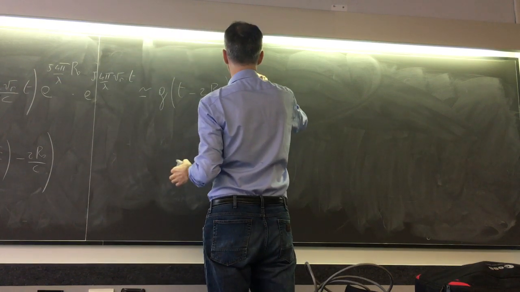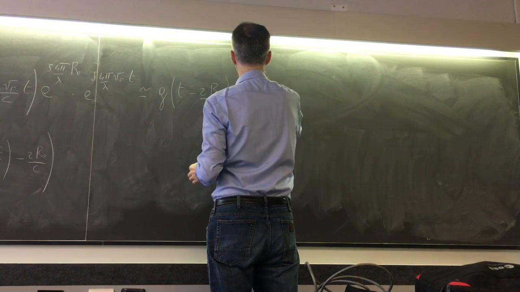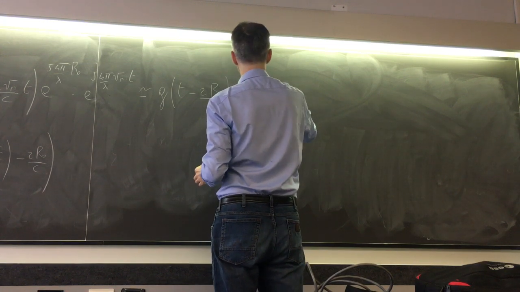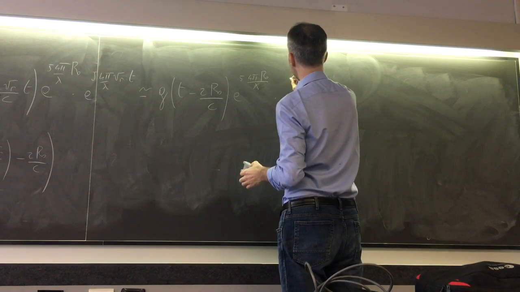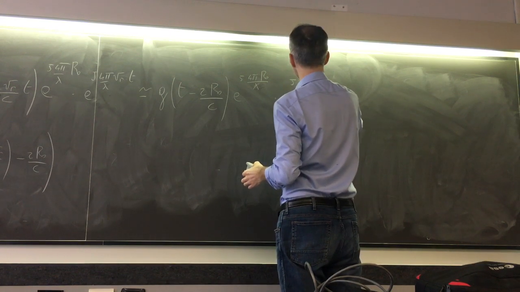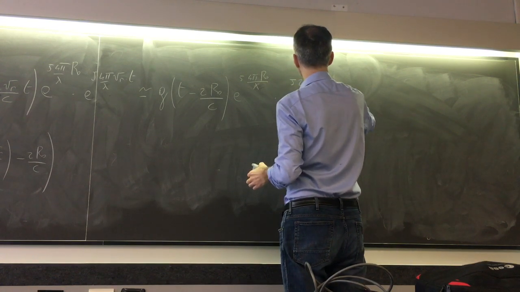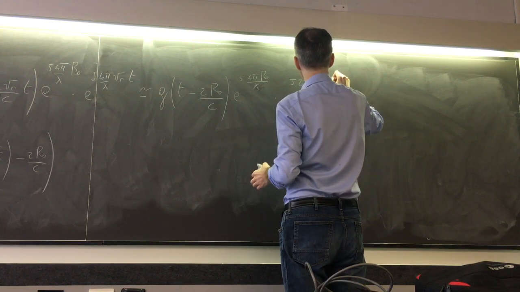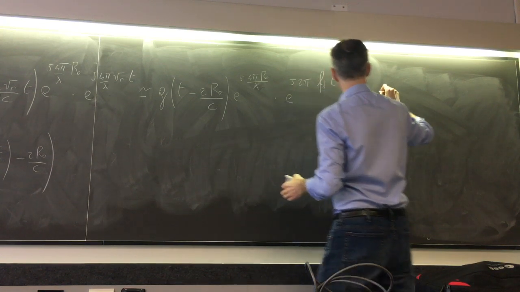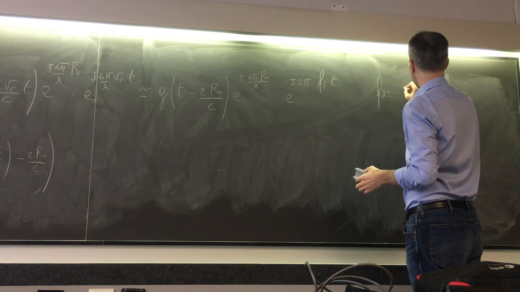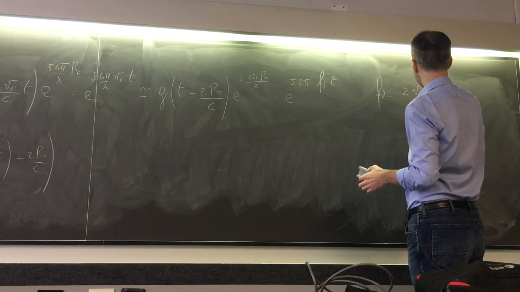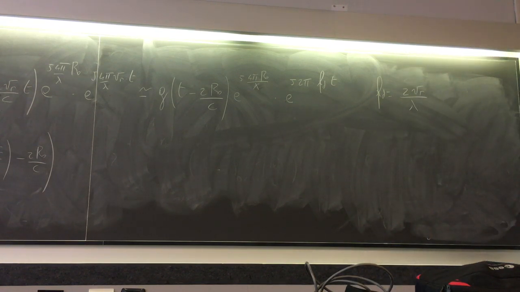Then I have the phase: the constant part of the phase, and this other term, which I write this way: 2 pi times the Doppler frequency times t, where the Doppler frequency is twice the radial velocity divided by lambda.